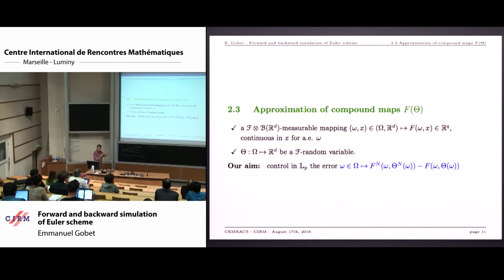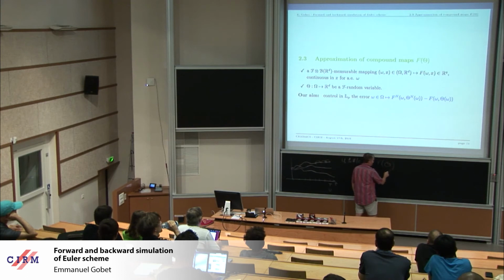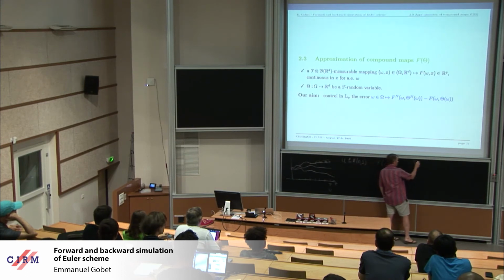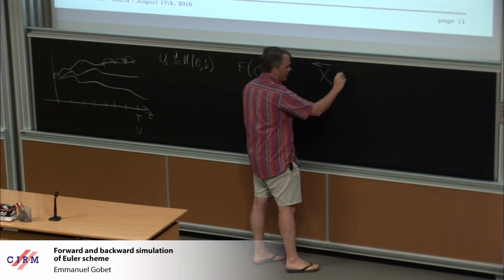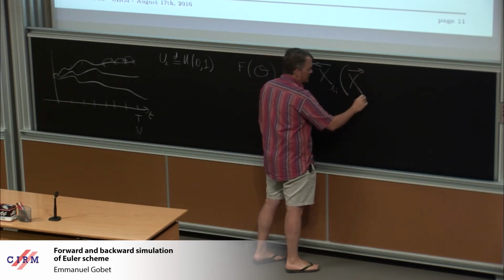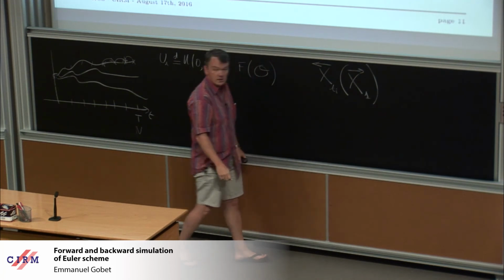So we're going to embed this problem in a more general problem, which is the following. We have two random quantities: a random map F going from one space to another space, and a random variable theta in R^d. So typically, in the previous slides, what we have is a backward scheme at a given time, starting from a forward Euler scheme at time 1.